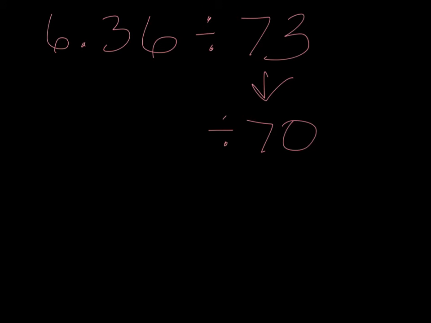So I can use my knowledge of those basic facts to help me come up with a good estimate. I'm going to take this whole number here, and I'm going to round it to 63/10, because I know that 63 goes into 7 nice and easily, so I can play around with that.